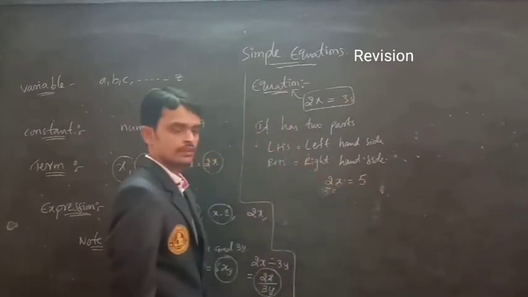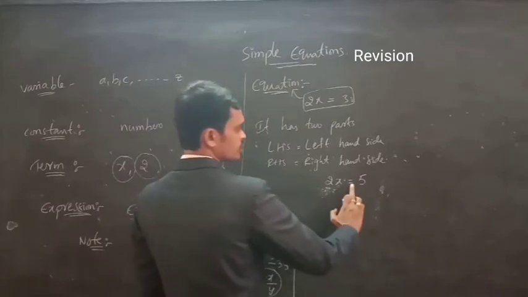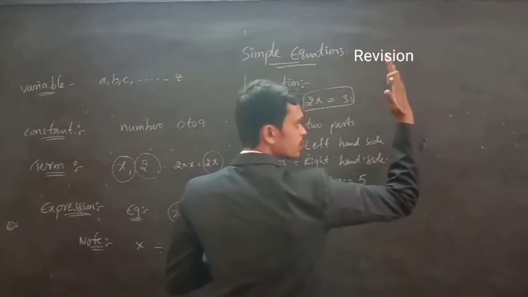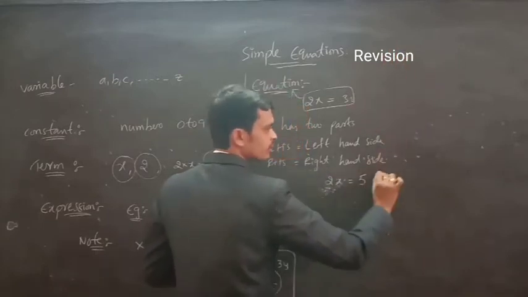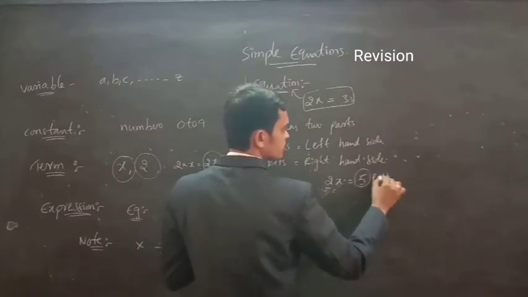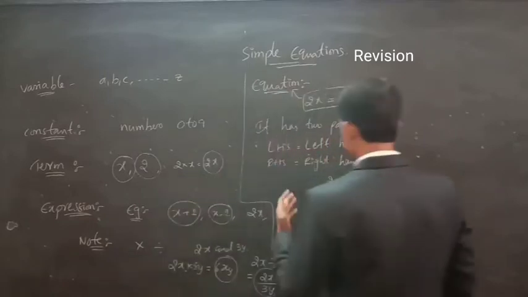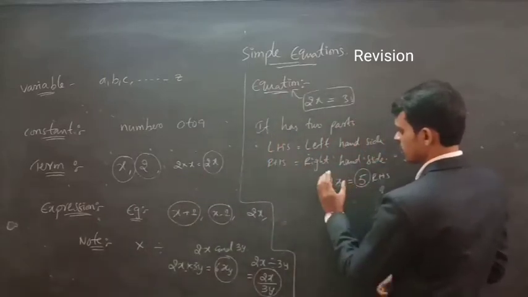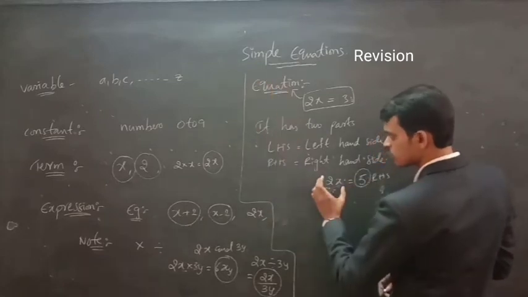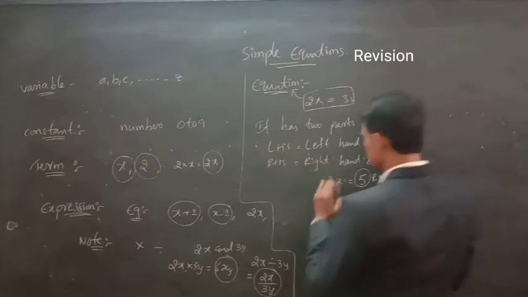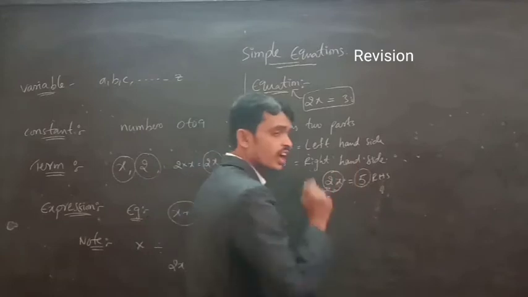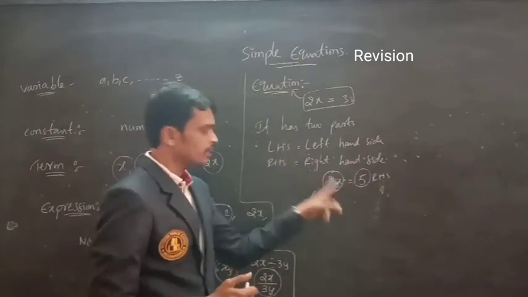Look at the equal symbol: this side is the right hand side, so it is called the RHS. The other side is the left hand side. So 2x is the LHS part and 5 is the RHS part of the given equation.